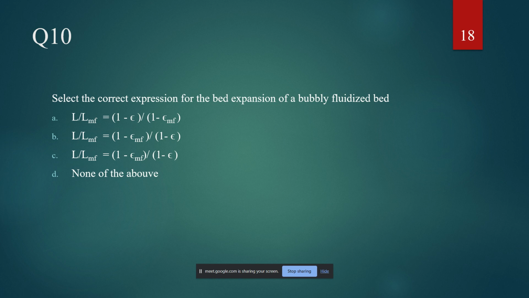So we all know that in the bubbling bed, L by LMF is equal to 1 minus epsilon MF divided by 1 minus epsilon.